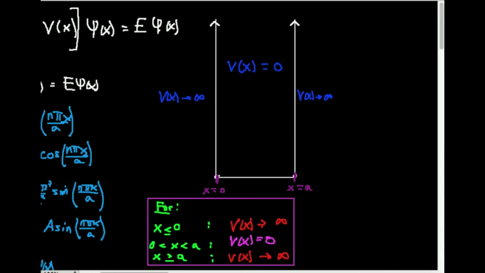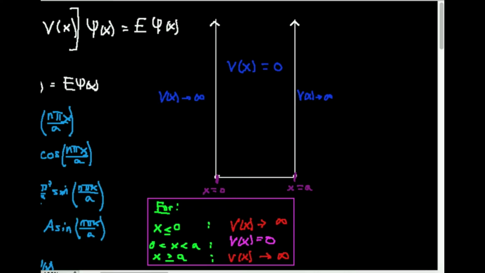No potential energy. The way to think about it is, if the particle is in here somewhere, these are like walls, but the walls are infinitely high. You could travel the entire existence of the universe up this wall and never reach the top, because there is no top. It's infinitely high.